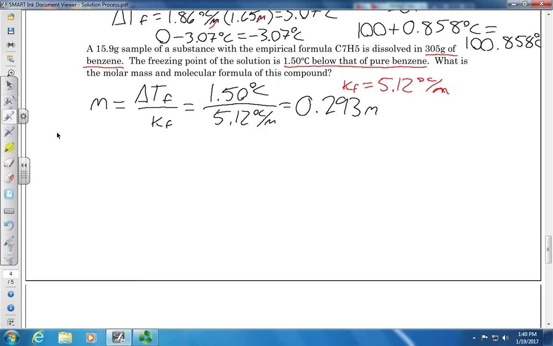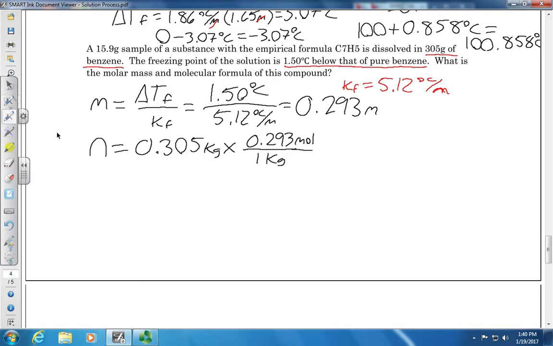So if we take our mass of solvent in terms of kilograms, moles are going to equal 0.305 kilograms, and we're going to multiply it by the definition of molality when compared to our previously calculated value, which would be 0.293 moles for every 1 kilogram.